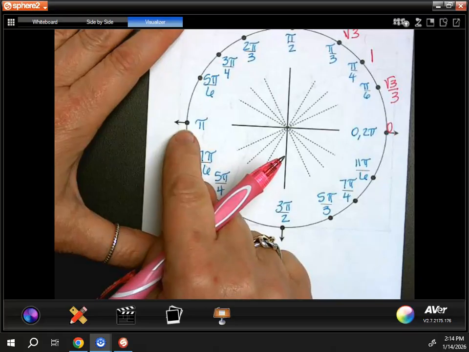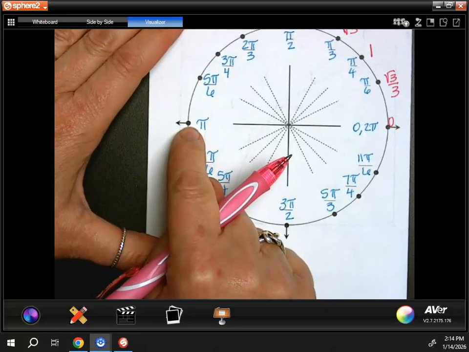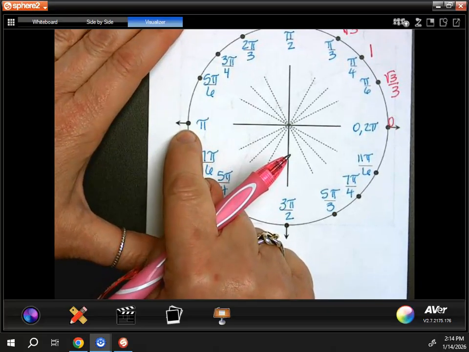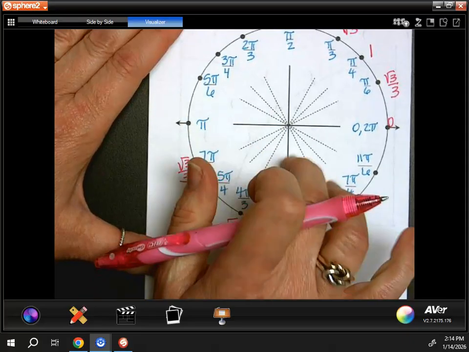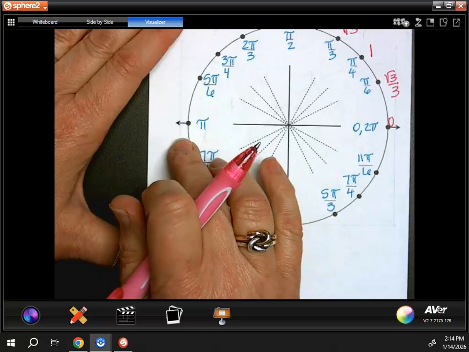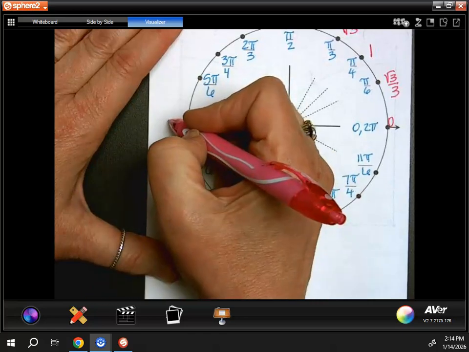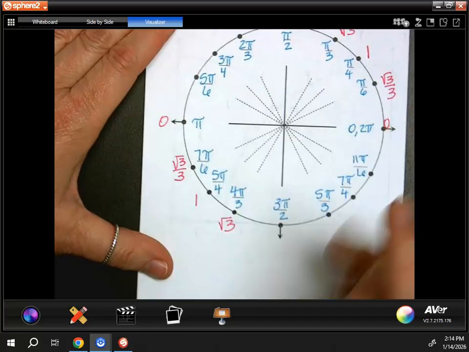This right here, what is this ordered pair here? Negative 1, 0. We cannot afford to get that wrong. Negative 1, 0. So if I put y over x and put 0 over negative 1, what does that give me? What is 0 over negative 1? 0.